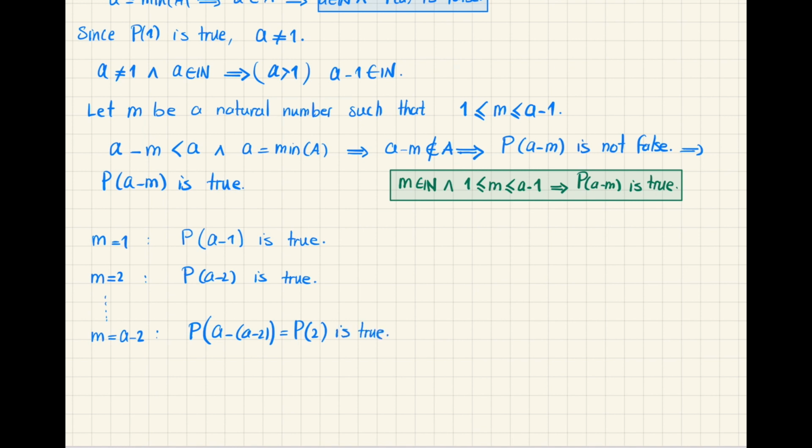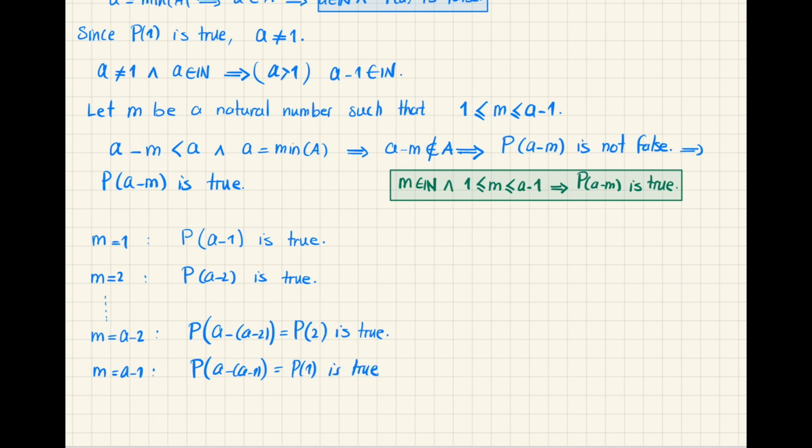Yes? So now you see I have chosen M equal to A minus 2, which is also valid in this case. I replace M with A minus 2, and then I simplify: minus A and A are cancelled, minus minus 2 is 2. And then finally, I will write this for M equal to A minus 1 as well. So this becomes P of A minus (A minus 1), which in this case is P of 1, is true.